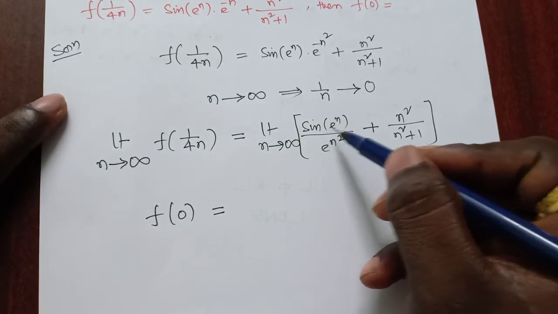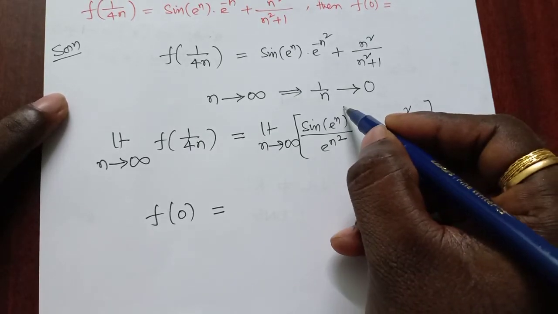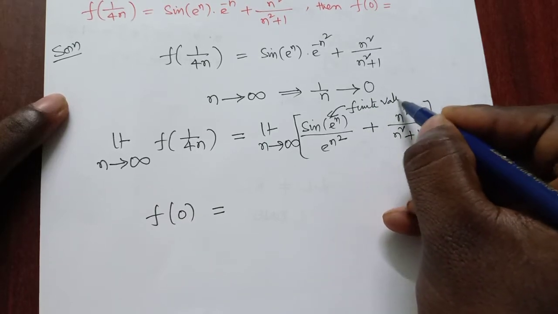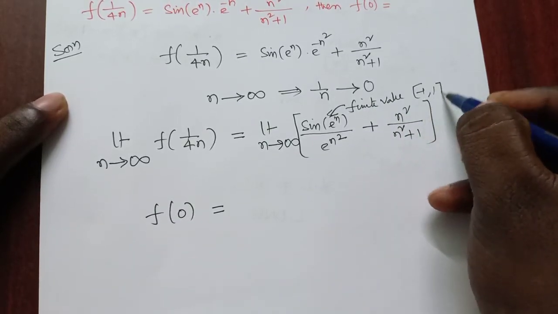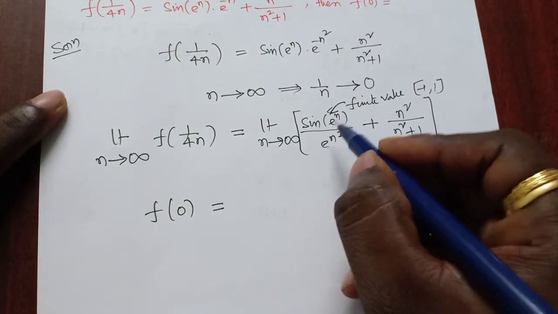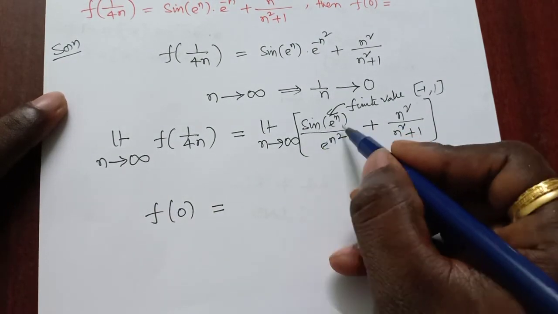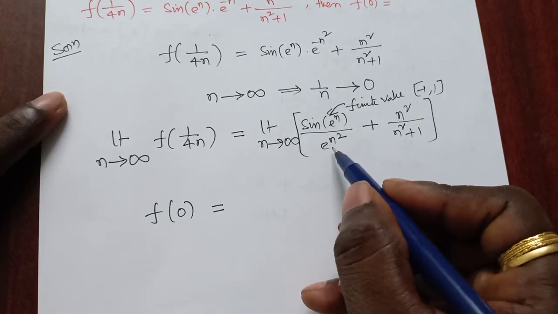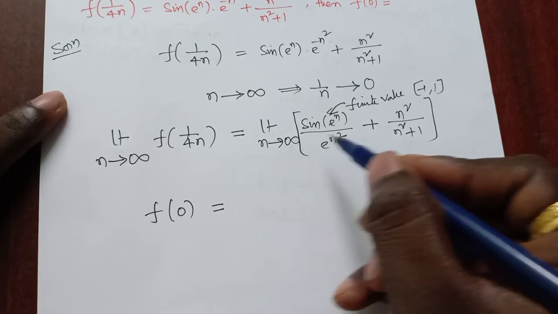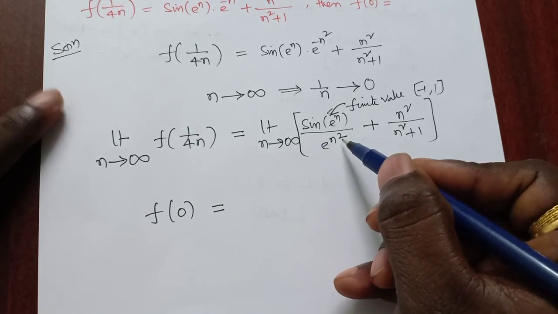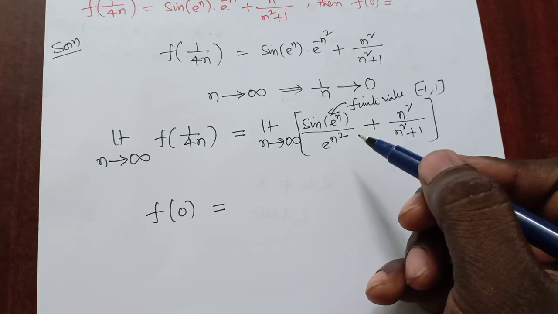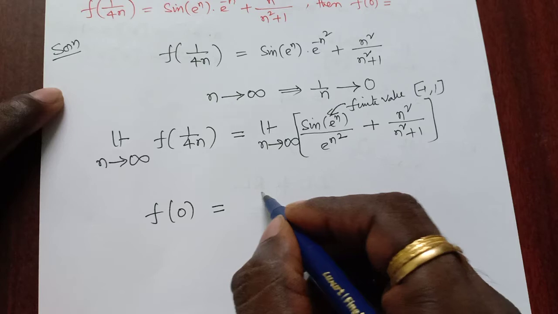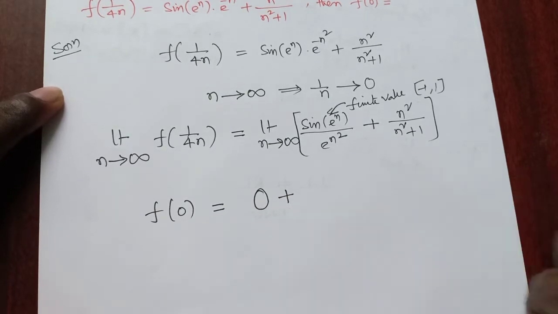It is in between minus 1 and 1, always a finite value. Whatever may be e power n, sine of e power n is a finite value in between minus 1 and 1. Coming to the denominator, e power n square, as n approaches infinity, n square is a very big number, also equal to infinity. e power infinity is infinity. So finite value by infinity is nothing but 0 plus.